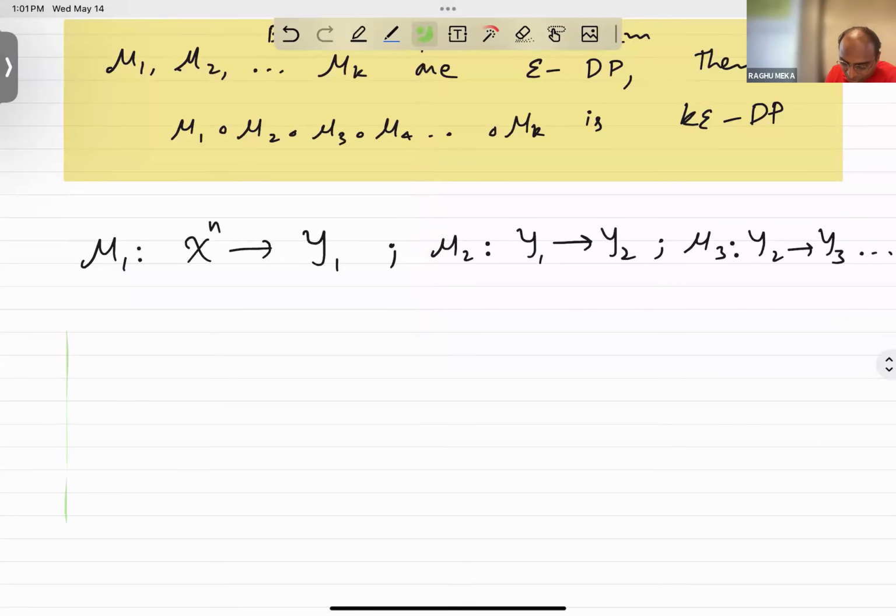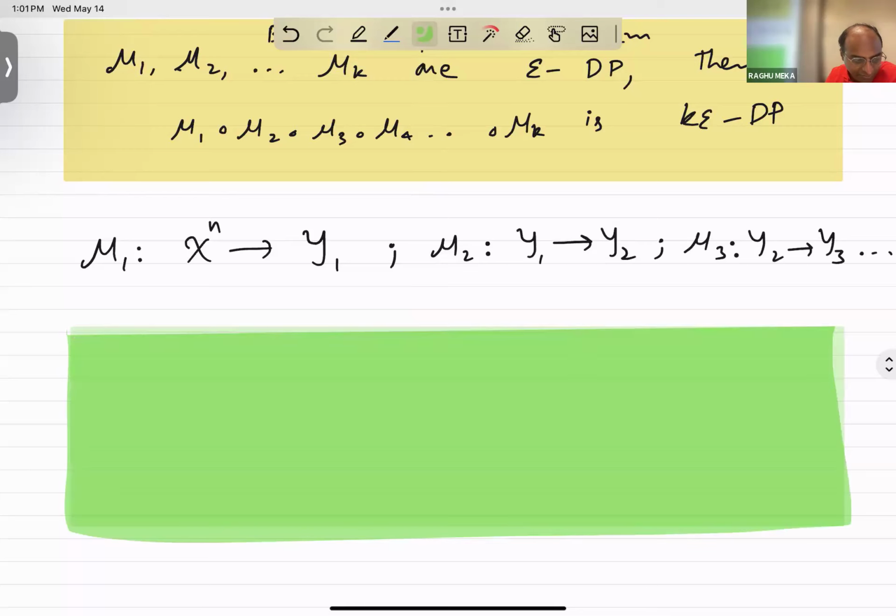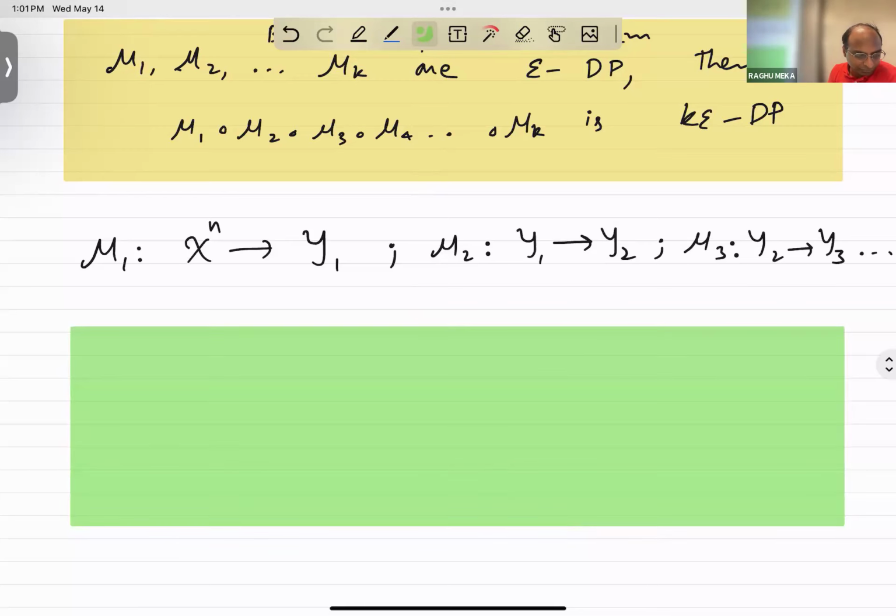But the same thing more or less works even for approximate differential privacy. So this is called the basic composition theorem.